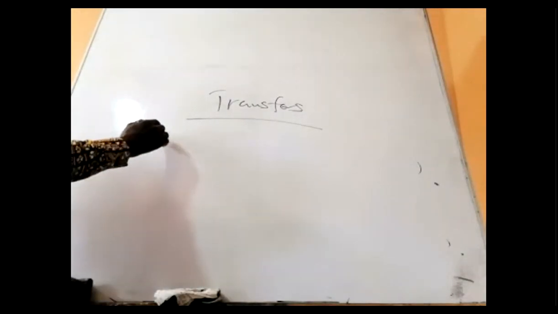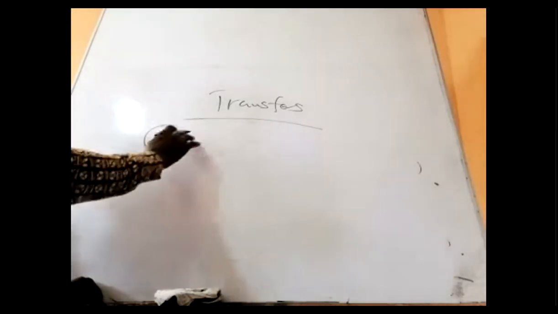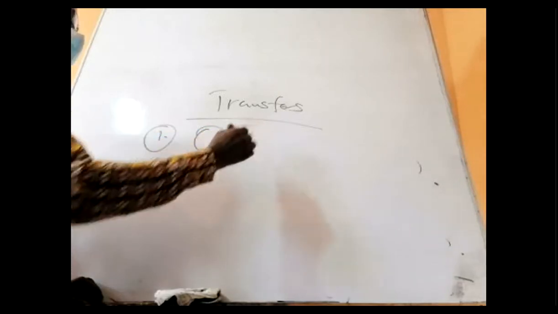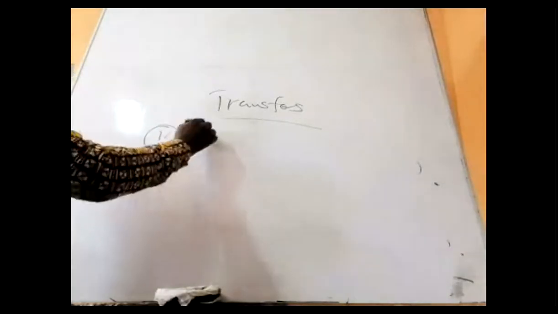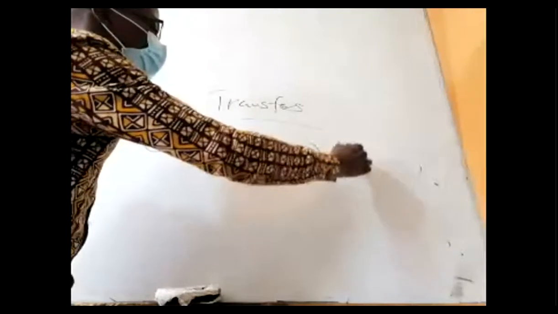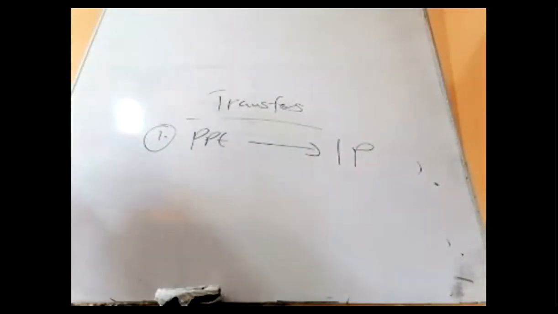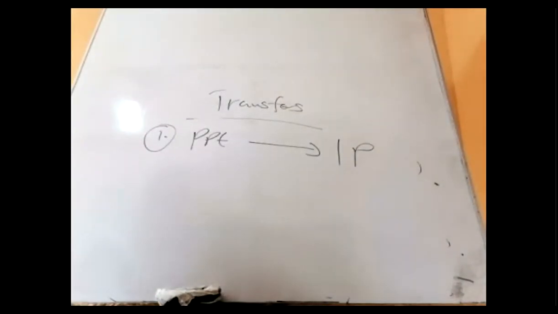Transfer simply means, number one, you can transfer owner-occupied property, let's say PP&E, to an investment property. For example, the head office building that we have used for over 10 years. We have recently built a new head office and we have moved to the new place.